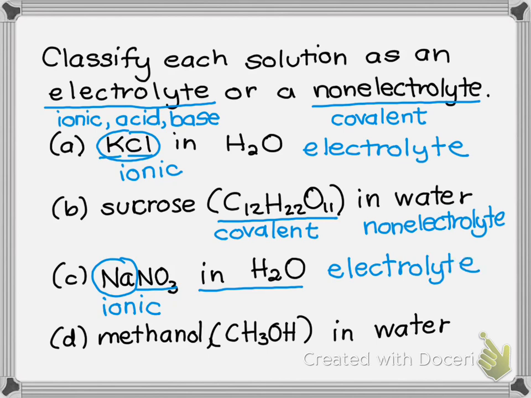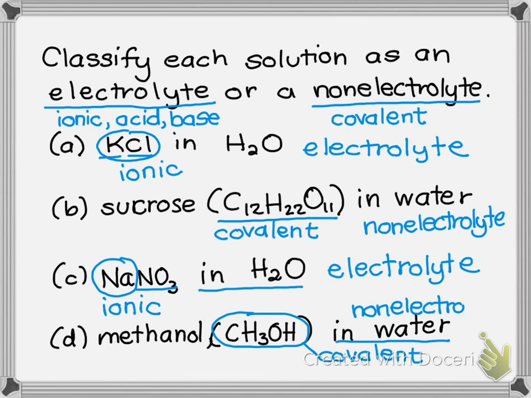And finally, methanol, which the formula is right here. It's all carbons and hydrogens, which makes it covalent. If I make a solution and dissolve it in water, then that solution will be a non-electrolyte because covalent compounds do not conduct electricity in water because there are no ions.